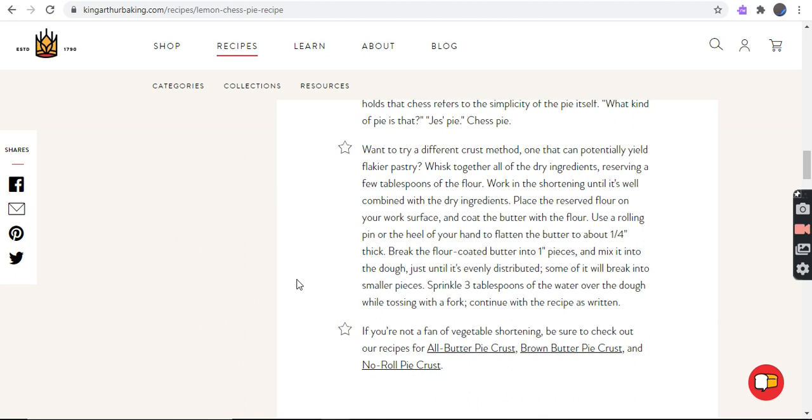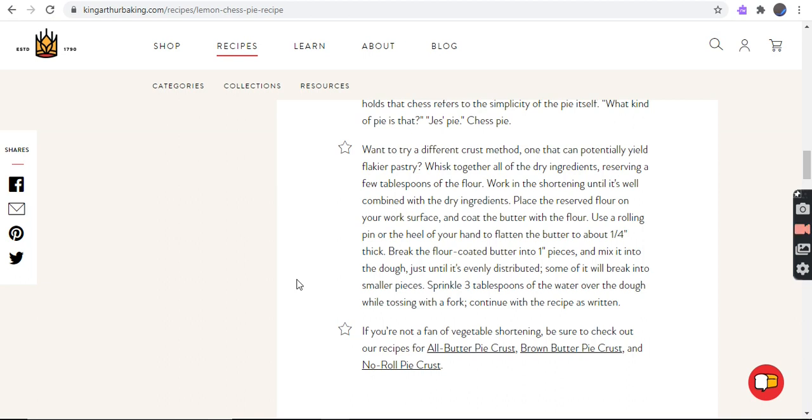Use a rolling pin or the heel of your hand to flatten the butter to about 1/2" thick and break the flour-coated butter into pieces and mix it into the dough just until it's evenly distributed. Some of it will break into smaller pieces. Sprinkle 3 tablespoons of the water over the dough while tossing with a fork. Continue with the recipe as written.